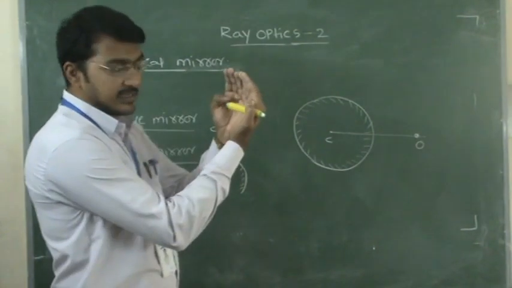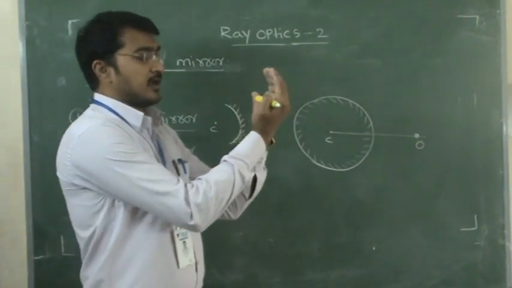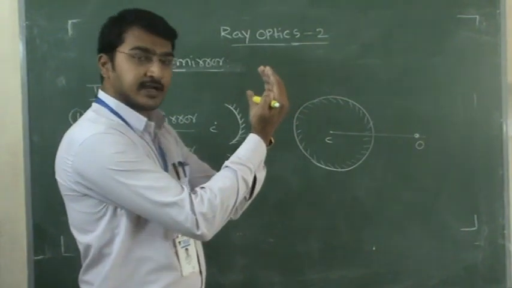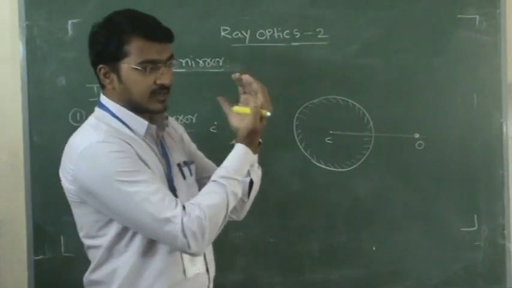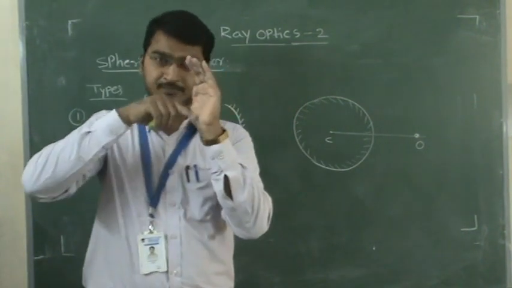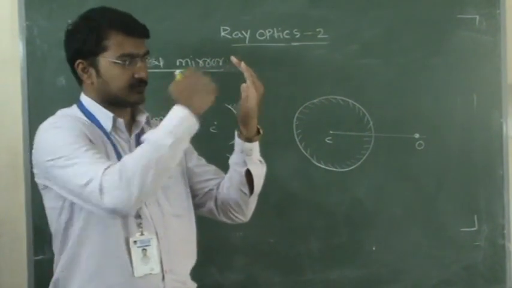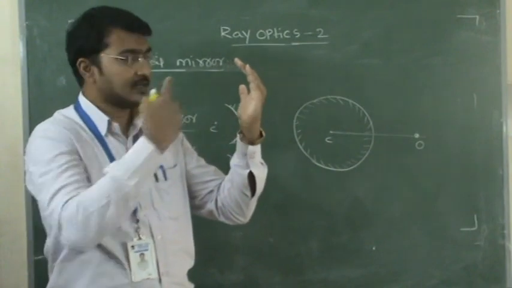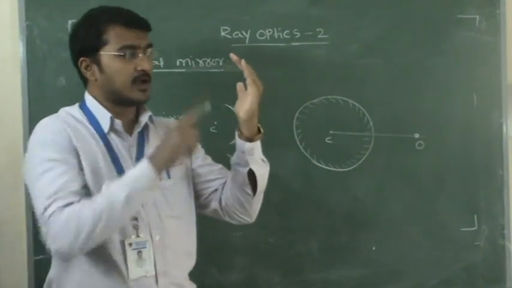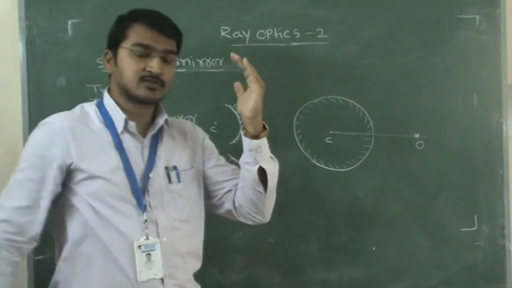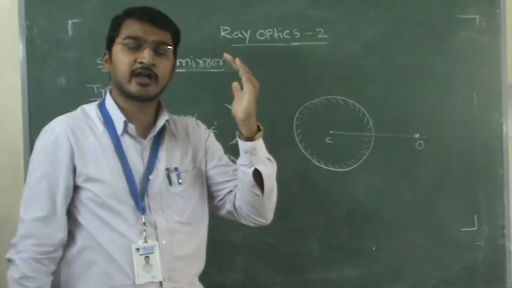So what happens? Inside is the reflecting surface. I want to see my face, so which side am I on? The reflecting surface, which has a concave shape. If the object is towards the concave shape and it's a reflecting surface, we call this mirror a concave mirror.